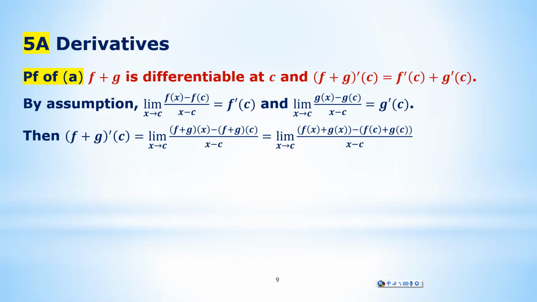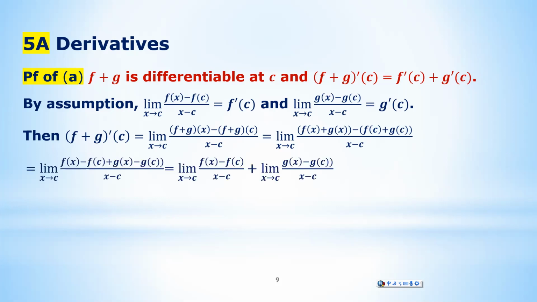So this expression can be reduced to the second limit. First I can regroup. I can put the f terms together, the g terms together. So in the next limit, what we have is f(x) minus f(c) as group 1, then group 2 is g(x) minus g(c).